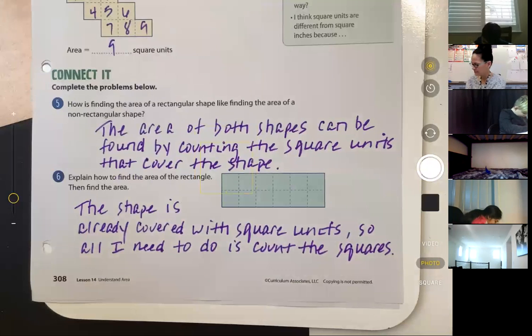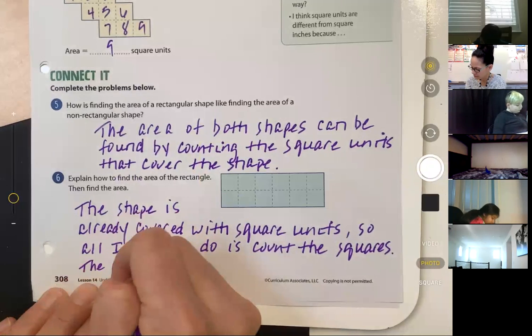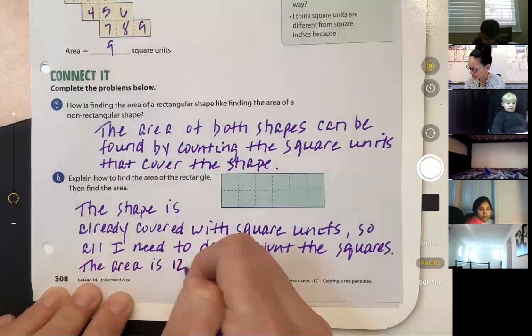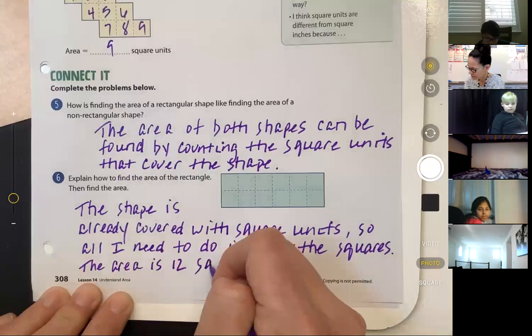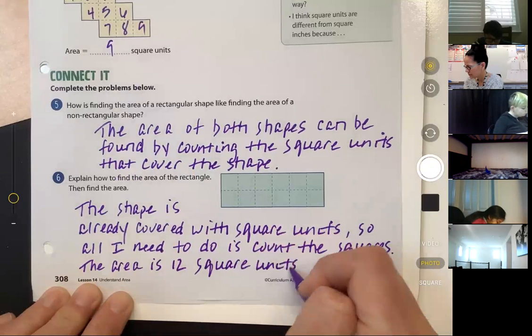The area, after counting, of course, is 12 square units.